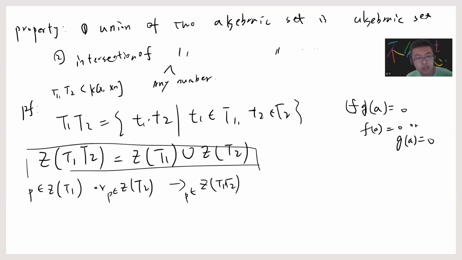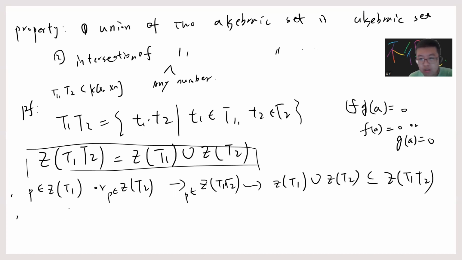Because if every polynomial in T1 vanishes at P, then by definition the products in T1 T2 will vanish. Okay, so we have proved that Z of T1 union Z of T2 is a subset of Z of T1 T2.